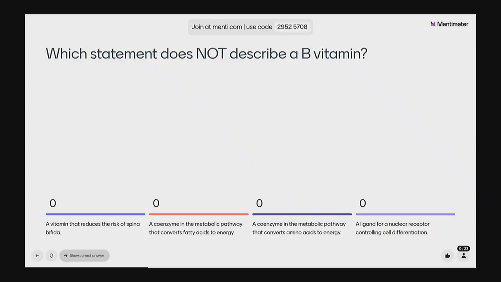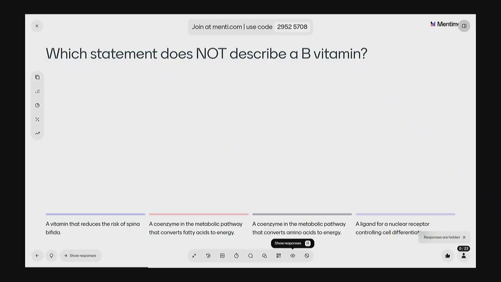So which statement does not describe a B vitamin? Which of the statements below?